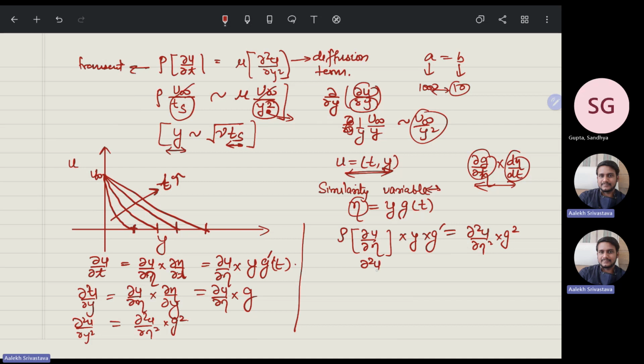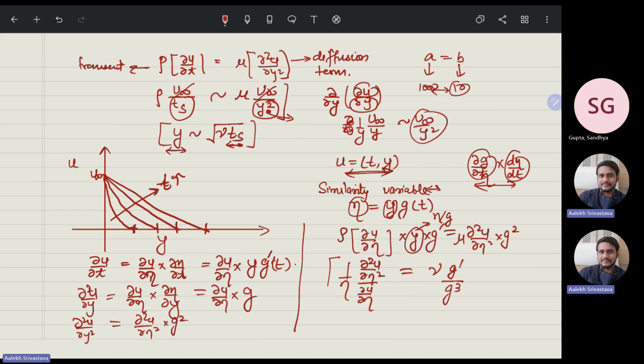So del 2 u by del eta square divided by del u by del eta, and y we can replace as eta by g, because here we can write y as equal to eta by g. So it is 1 by eta, equal to mu, g prime by g cube.